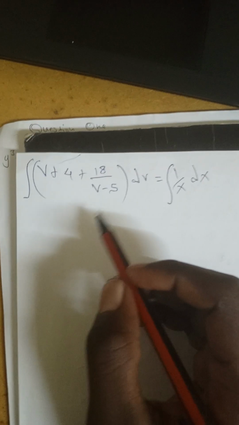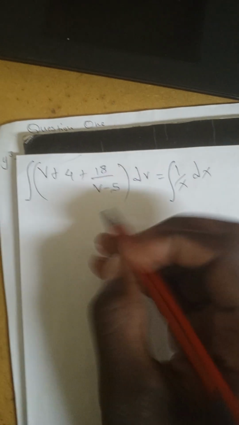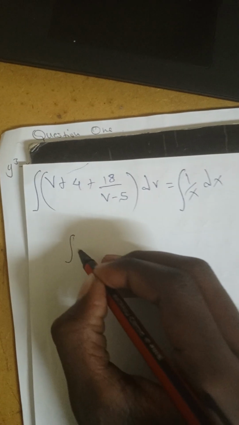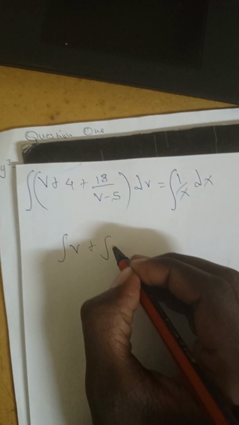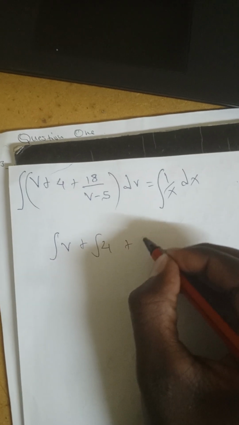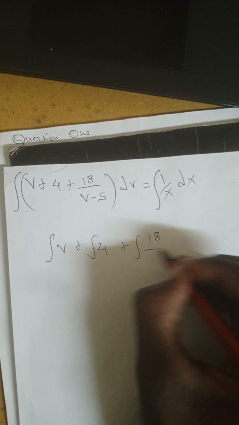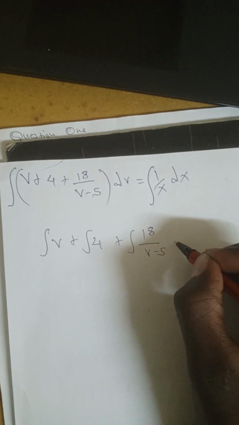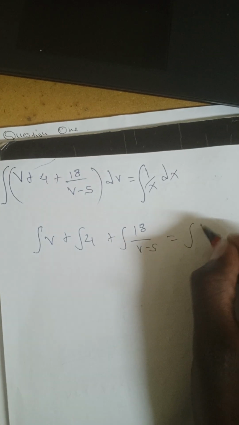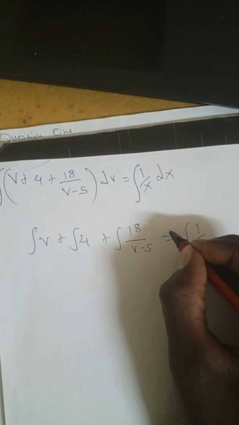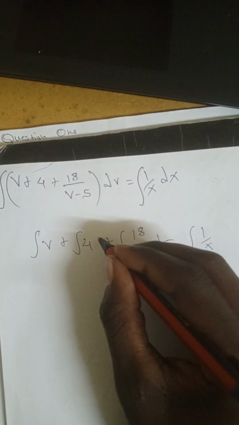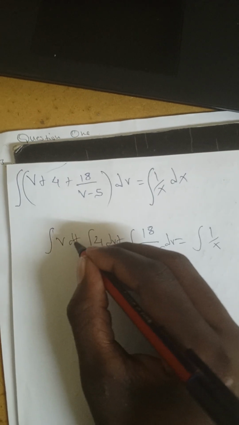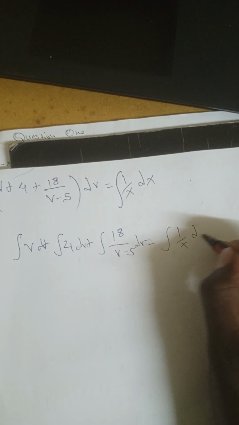So let's integrate term by term. This will be the integral of v plus the integral of 4 plus the integral of 18 over v minus 5, all equal to the integral of 1 over x. This is dv, this is dv as well, this is dv, then this is dx.